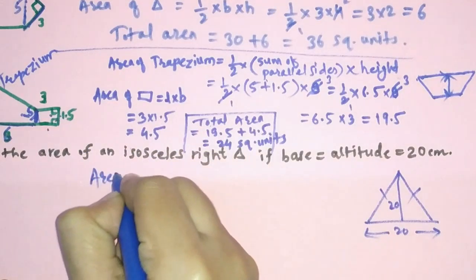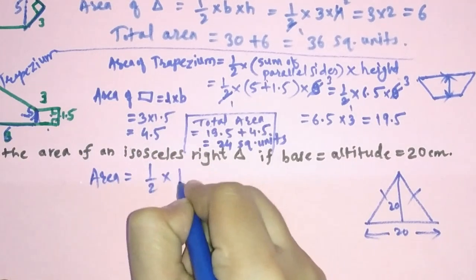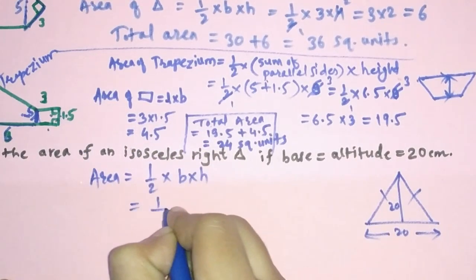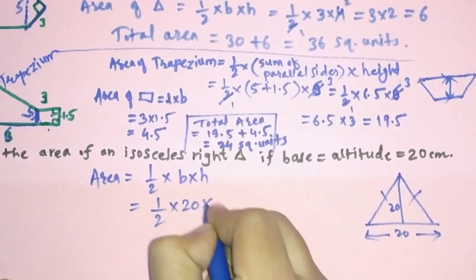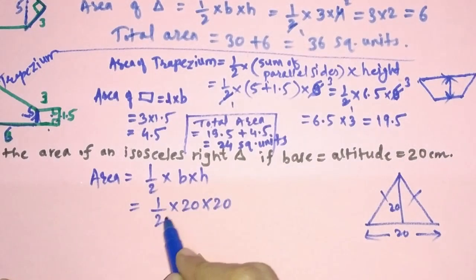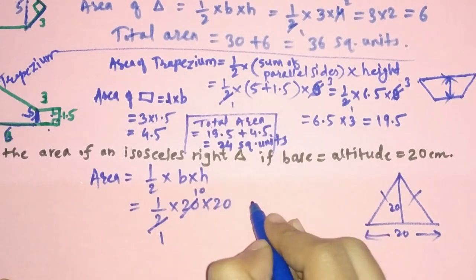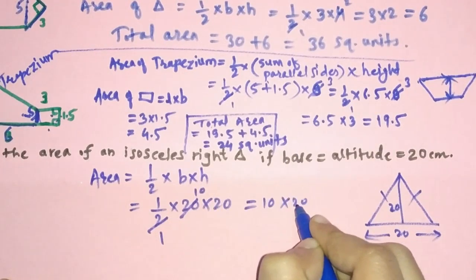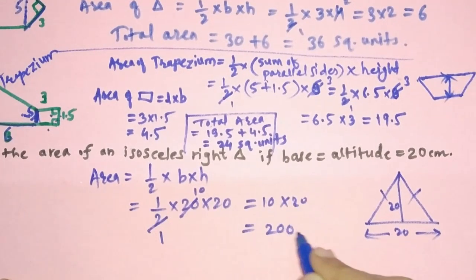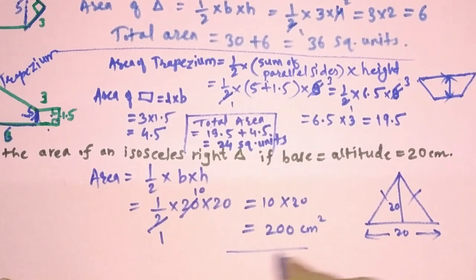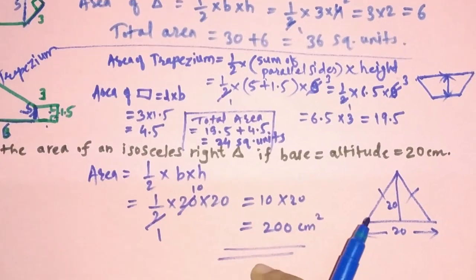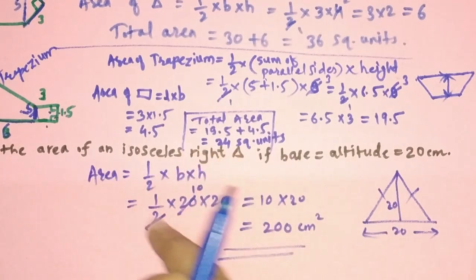So area is equal to 1 by 2 base into height. So 1 by 2, base also 20, height also 20. Just solve it. 2 1s are 2, 2 10s are 20. So 10 into 20, you will get 200 centimeter square. So this is very simple. Just put the values of base and height and write down the formula.